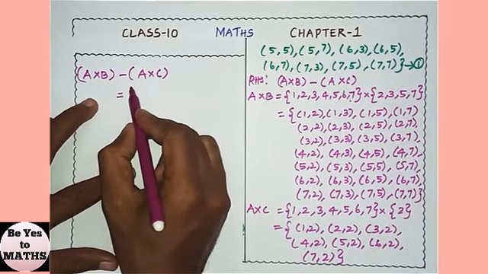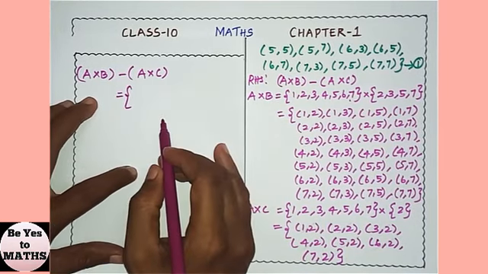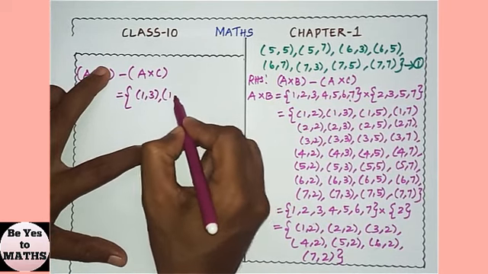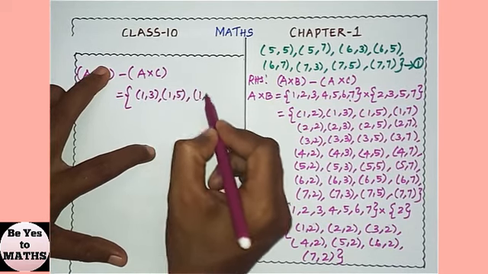So the answer for the A cross B minus A cross C is 1 comma 3, 1 comma 5, 1 comma 7.